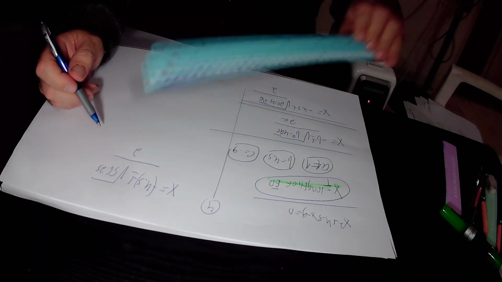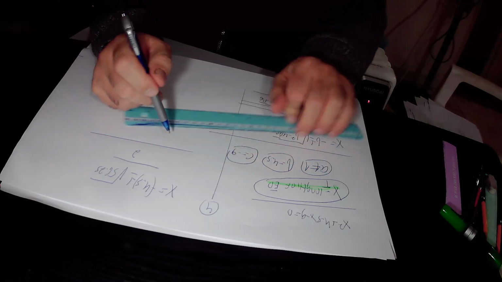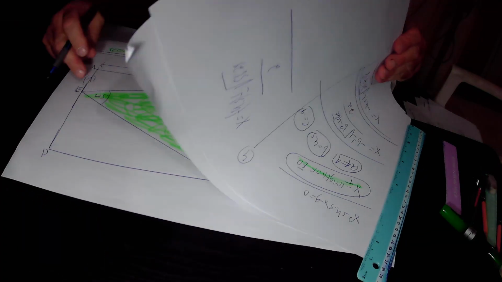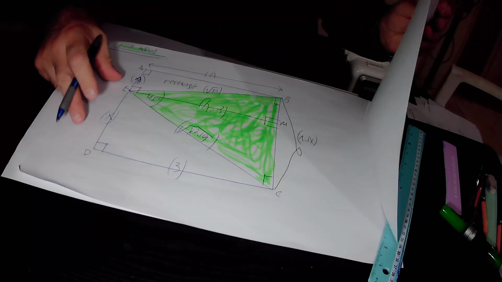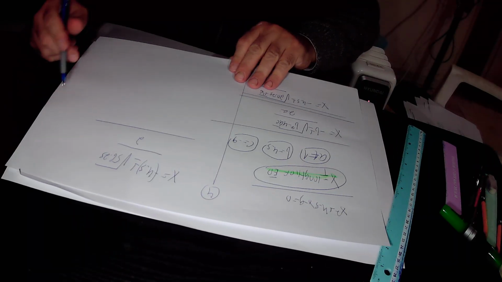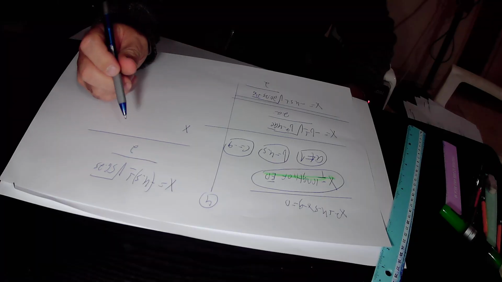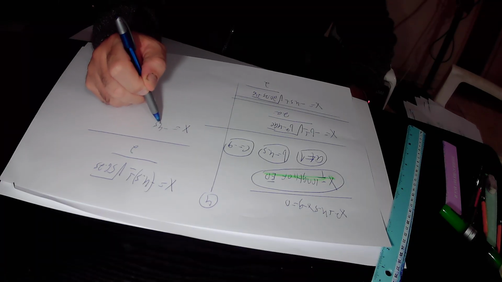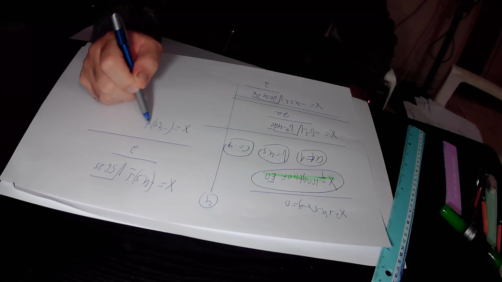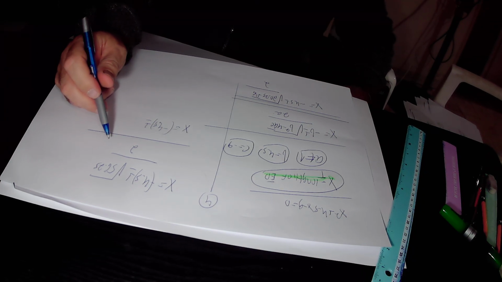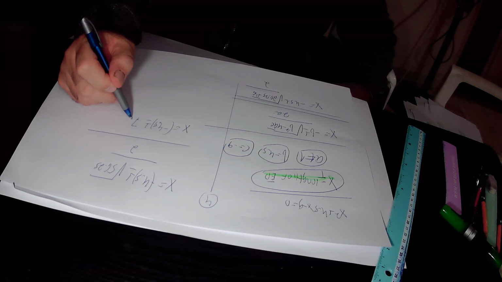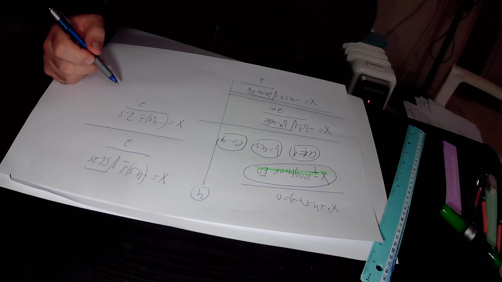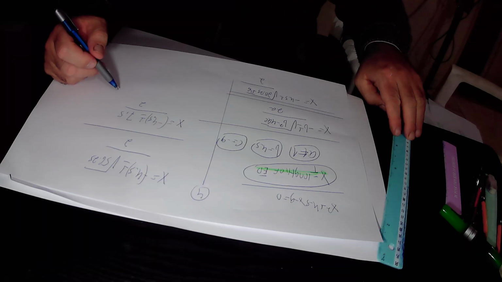So in total we found out that x, that is the length of this line segment ED, is equal to minus 4.5 plus minus the square root of 56.25, which is 7.5, over 2. So here we have two solutions that are possible for x.